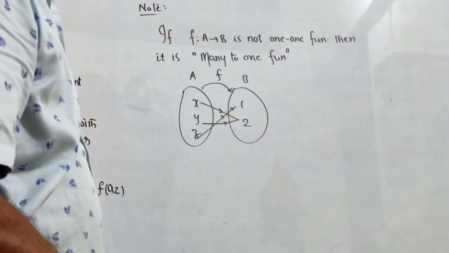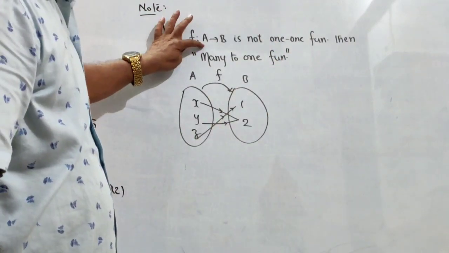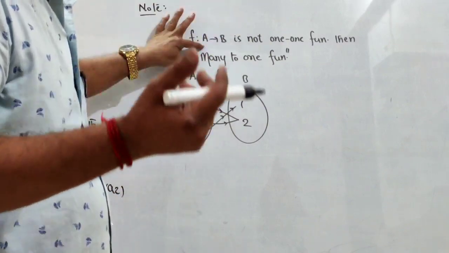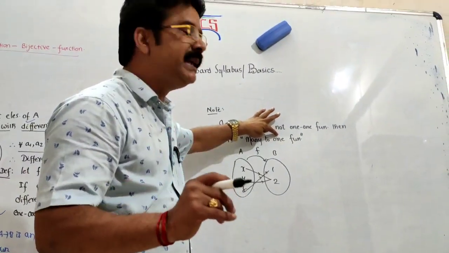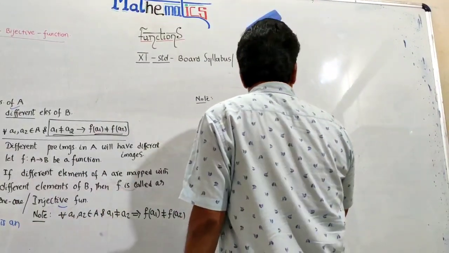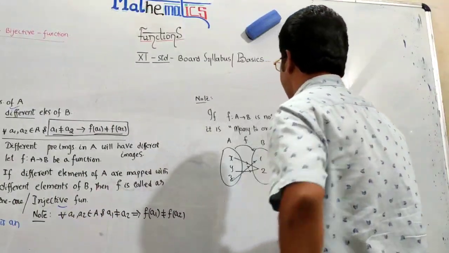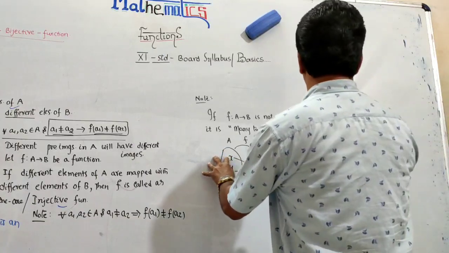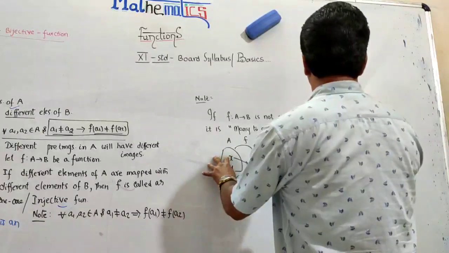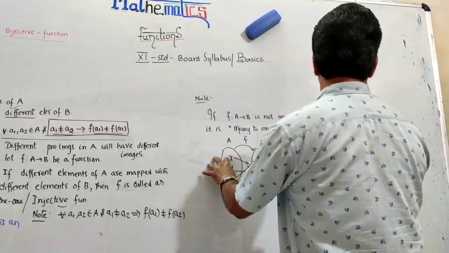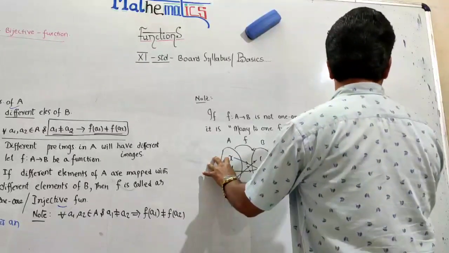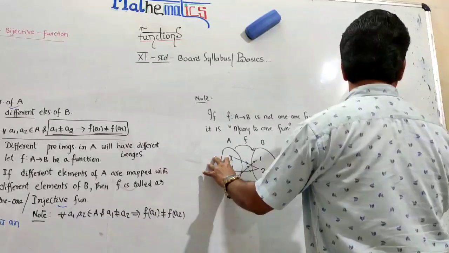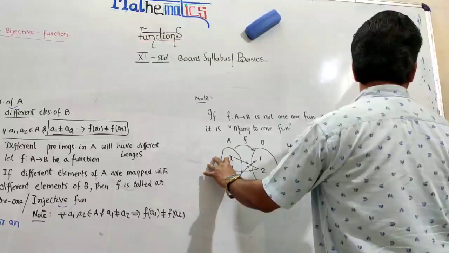First, it is a function. Many-one. Many means more than one element is mapped with one element of B. So therefore, here x, y that belong to capital A will have the same image.